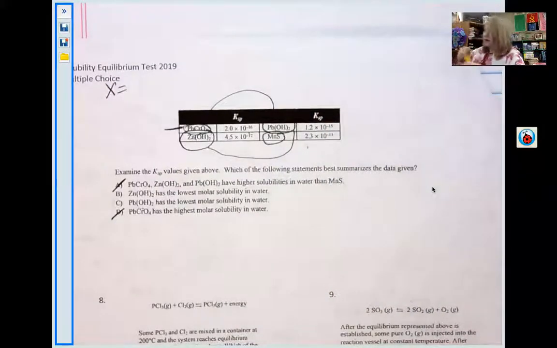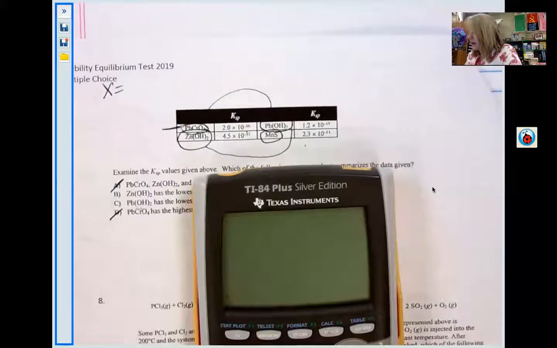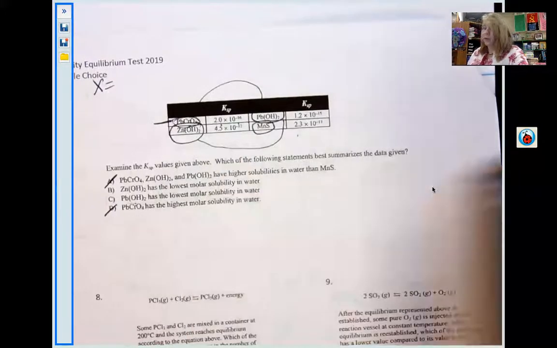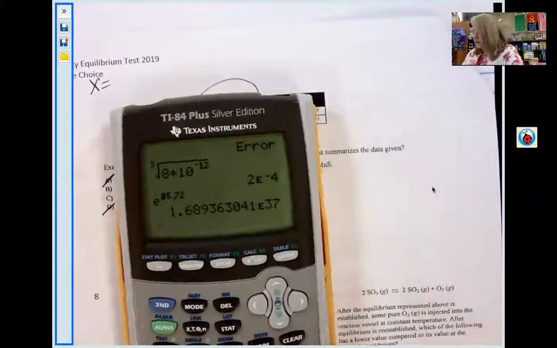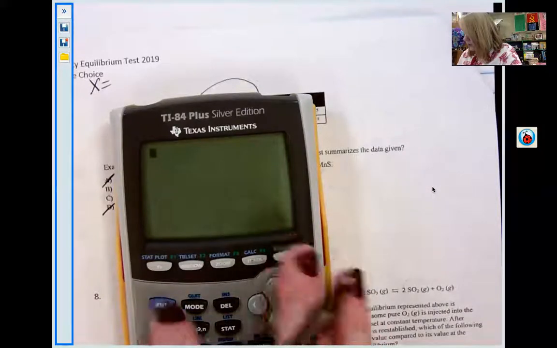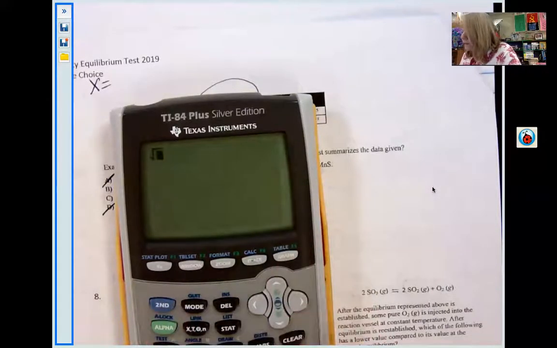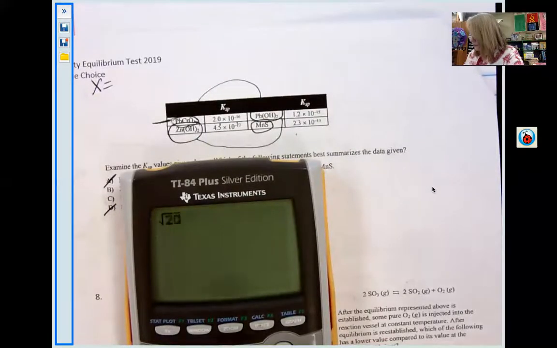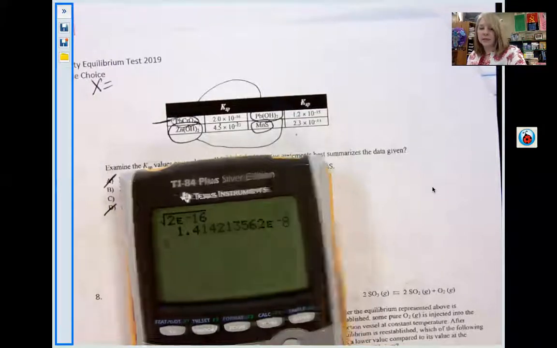And with the lead chromate, you've only got 2 ions. I'm doing this with a calculator. I guess I can do this without a calculator because I'm going to take the square root of that, but I don't know what the square root of 2 is. So let's do this in the calculator. If I take the square root of my number, 2 times 10 to the negative 16, okay, so I get 1.4 times 10 to the negative 8 for that one.